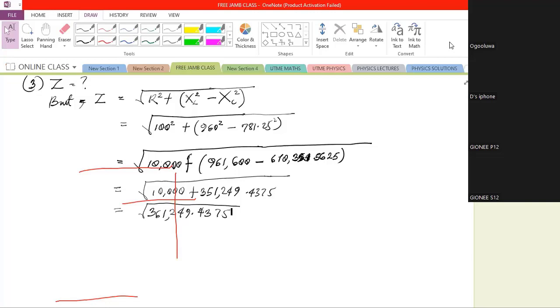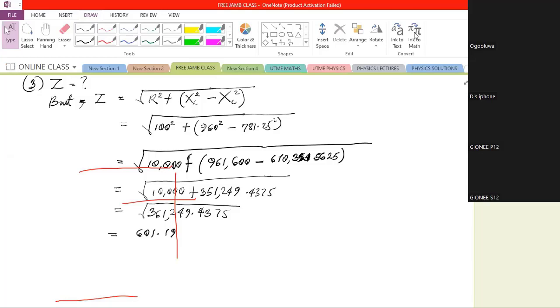Square root of 361,249.4375 is 601.19. Did I give the real answer?